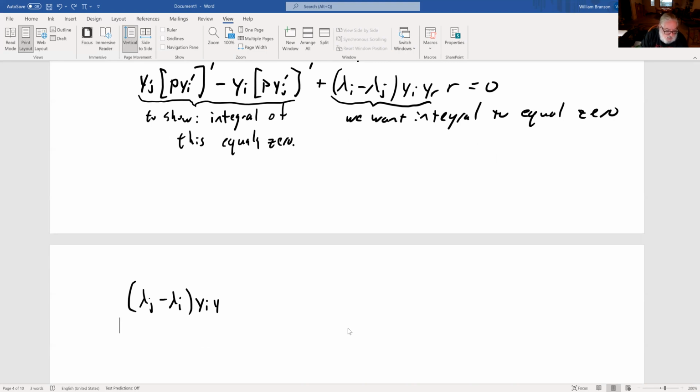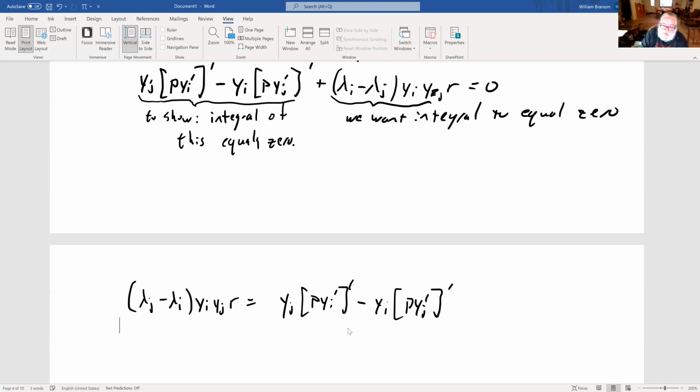Okay, so yj times r equals yj p yi prime minus yi p yj prime. Those are both primes. And as I noted, this should be a j. So all I did here was I took this term, what we want to be equal to 0, and moved it to the other side of the equation. That just meant changing the sign on the lambda i minus lambda j to lambda j minus lambda i.